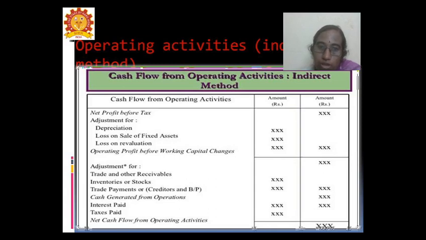Adjustments, what are the various adjustments that are being highlighted here, the inventories, etc. And then we are taking the cash generated from the operating activities, and then what are the interest paid, the tax paid. Then after that they are taking the net cash from the operating activities. So this is another indirect method to calculate the cash from the operating activities.